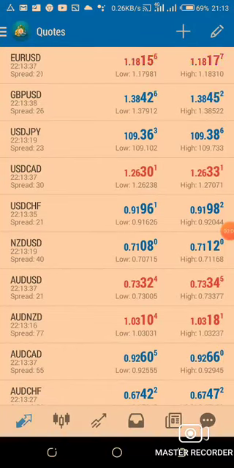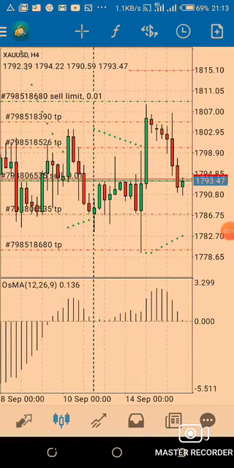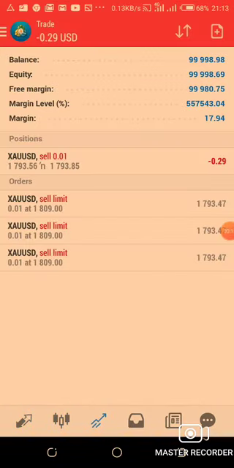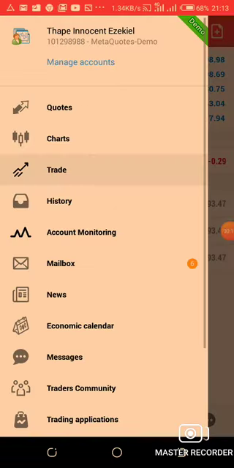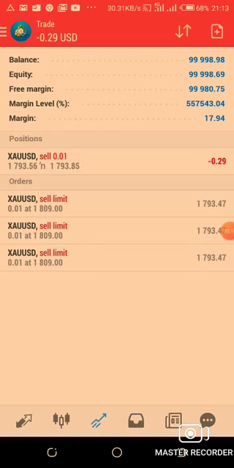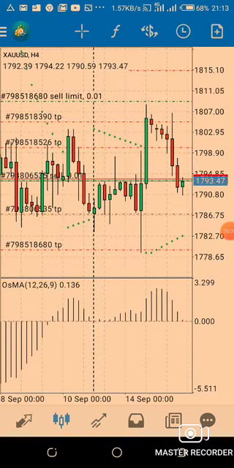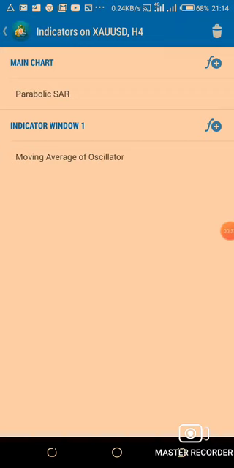Very quickly tonight, Bollinger band. If you've not gone here, so I have a parabolic SAR on my chart and a moving average oscillator on that.